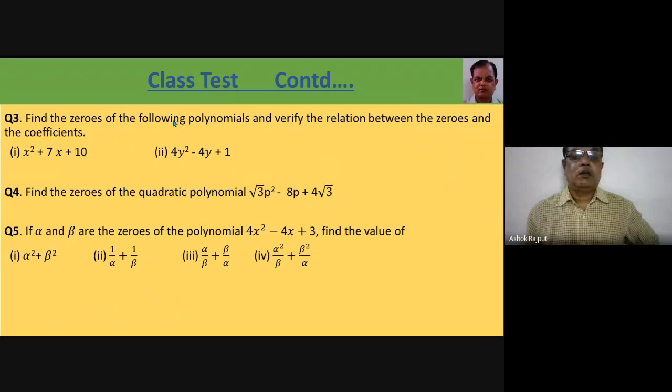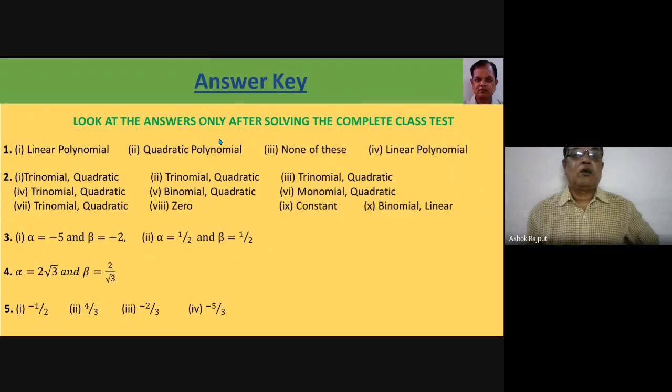If you do it honestly, it will be better for you. Be very careful and work honestly. Now you can match your answers after solving. Look, answers are given, but after completing, you match your answers. It will be good for you.